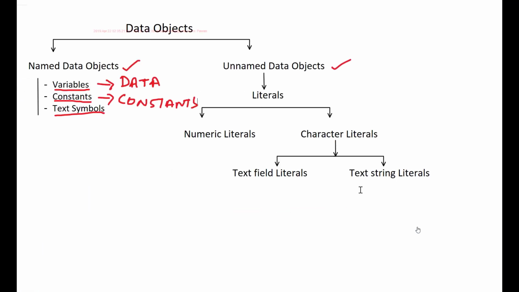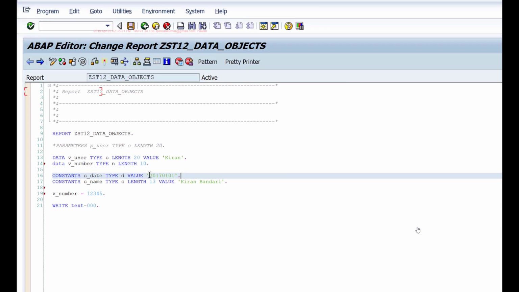And character literals can be text field literals or text string literals. Whatever you maintain in a single quote is called a text field literal or text literal. And if I use this back quote, which you'll find on the keyboard before the number 1, below the tilde, if you use the back quote like this, it is called a string literal.